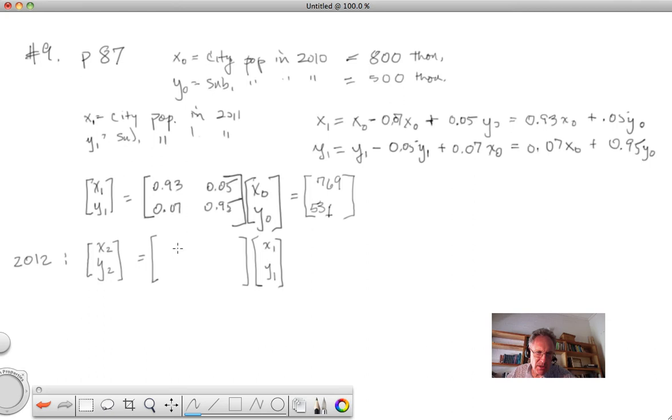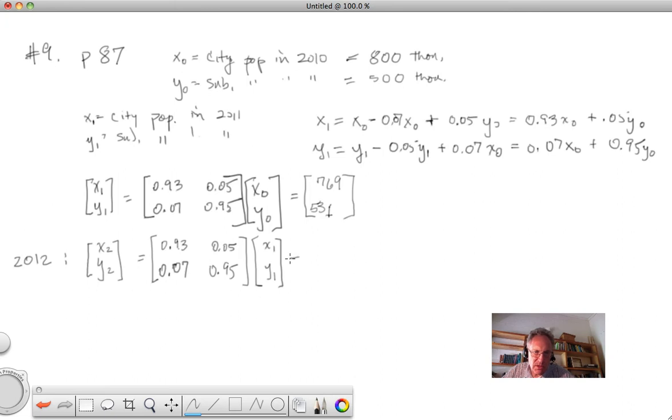By the end of the year, 93% of the urban dwellers will remain. 5% of the suburban folks will have migrated in. 7% of the urban dwellers will have gone to the suburban areas, and 95% of the suburban dwellers remain. When we carry out this matrix multiplication, we get exactly what you would expect: 0.93 times 769 plus 0.05 times 531.